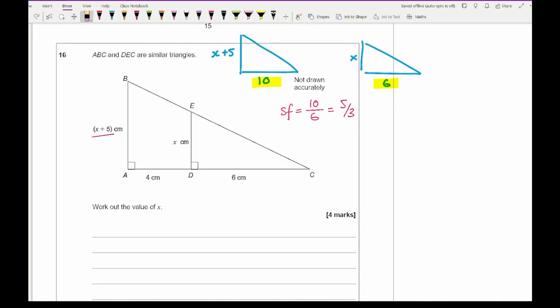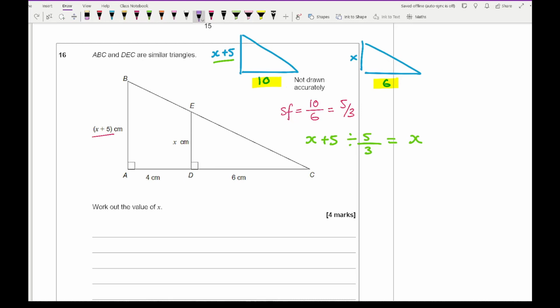Now because x is on the smaller shape, if I then do the side on the big shape, so x plus 5, now divide by the scale factor, I'm going from big to small, so it's divided by 5 over 3, and that's going to equal x.